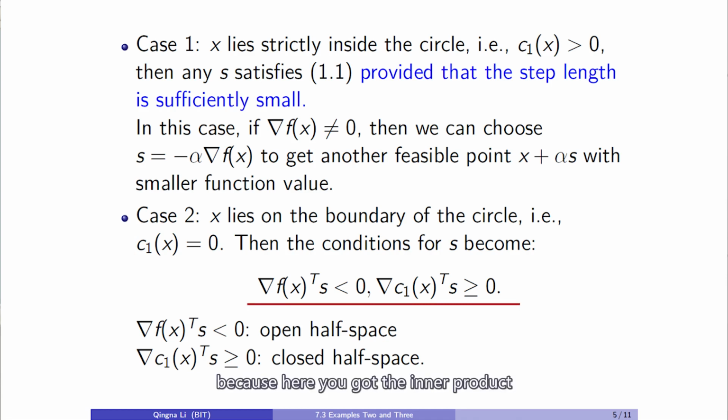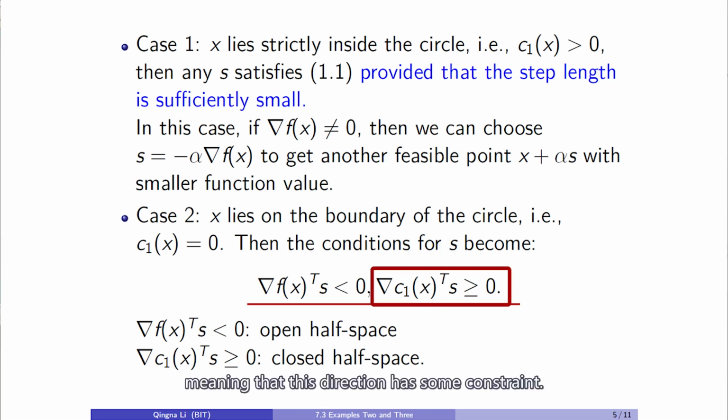Here the inner product of the direction with the gradient of the constraint must be greater than or equal to 0, meaning that this direction has some constraint. You cannot move anywhere. You can only move along directions inside of the feasible region.